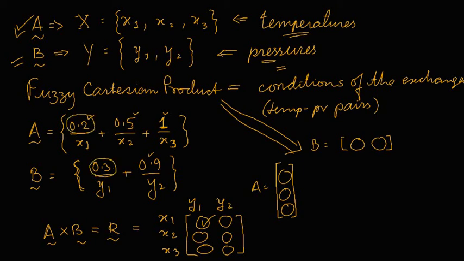Using the min operator, we obtain 0.2 for the pair x1, y1. Similarly for other pairs like x2, y1, we will take the minimum of these two and substitute here. So in this way we can find the fuzzy relation. Thank you.